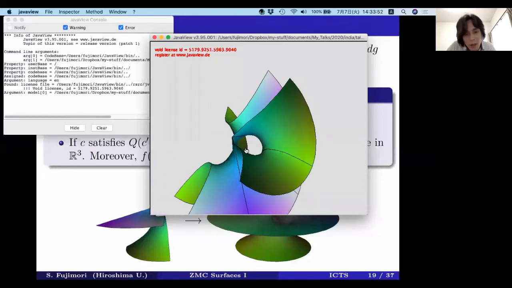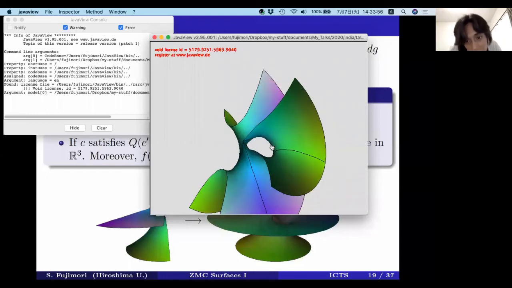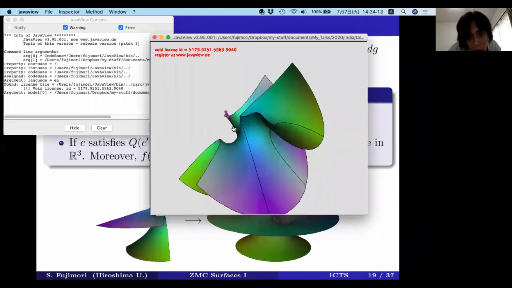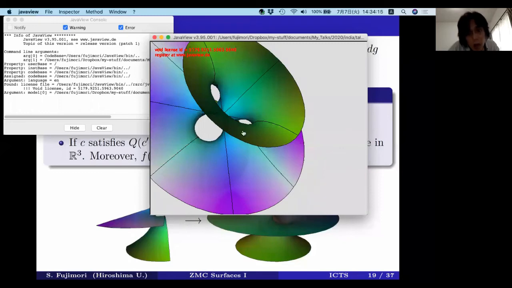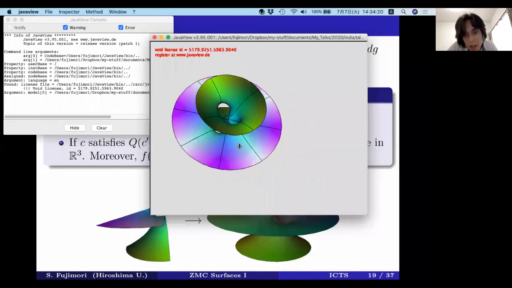So now we make a reflection. Then we have the entire surface.